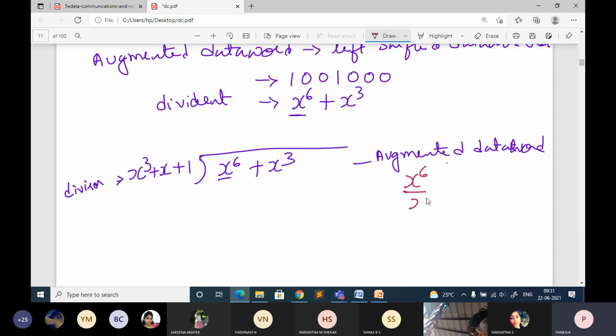It is x power 3. So what is the result you are going to get? You need to subtract the powers when you are using division of polynomial terms. It is x power 3. Is it clear? Now when I want to do division of this polynomial, if you want to know what the quotient should be, first you need to take the first term of the dividend.